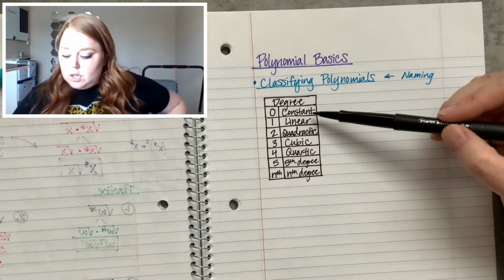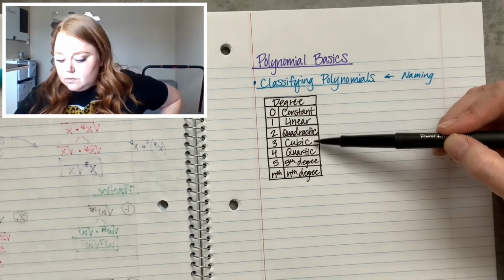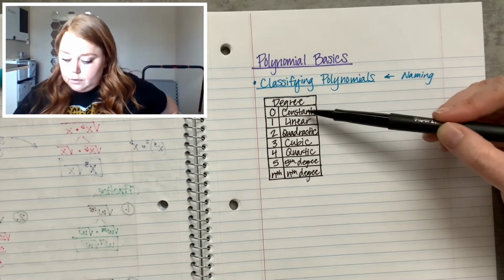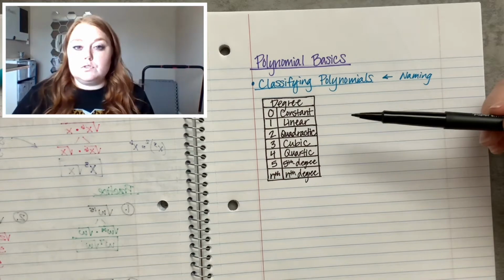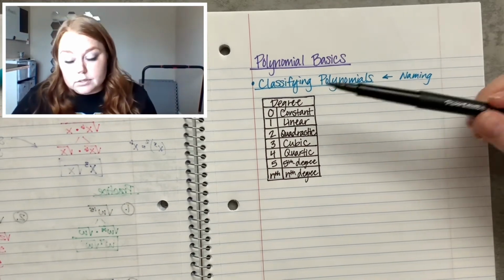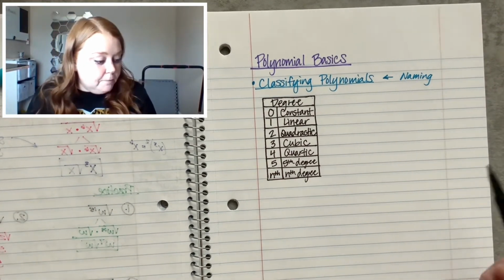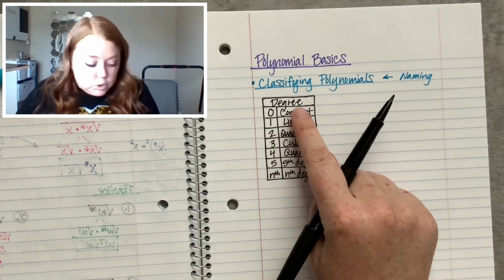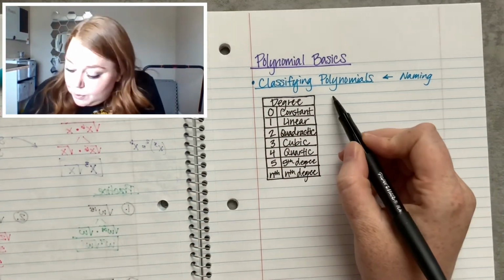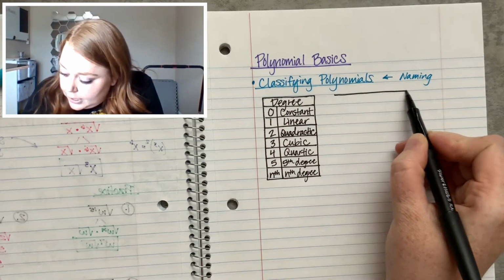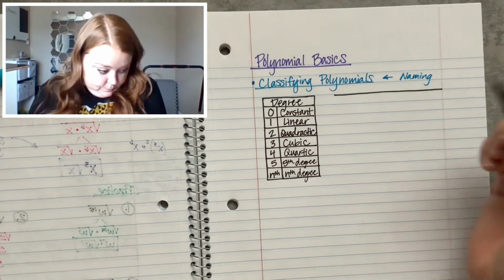Okay. So these first 5, constant, linear, quadratic, cubic, quartic, those are good ones for you to kind of memorize, especially the first couple. Okay. So we'll get into what this means. I know I haven't taught you yet, but I still need you to set up another little chart. I'm going to put it over here.